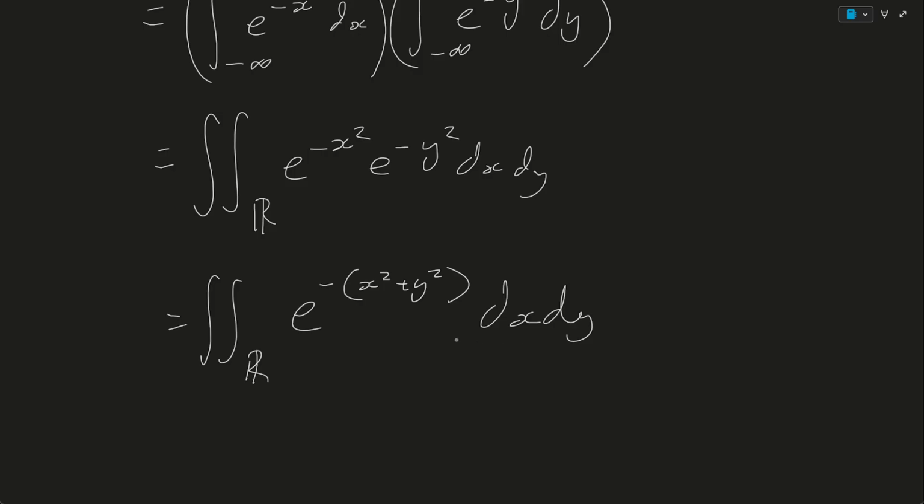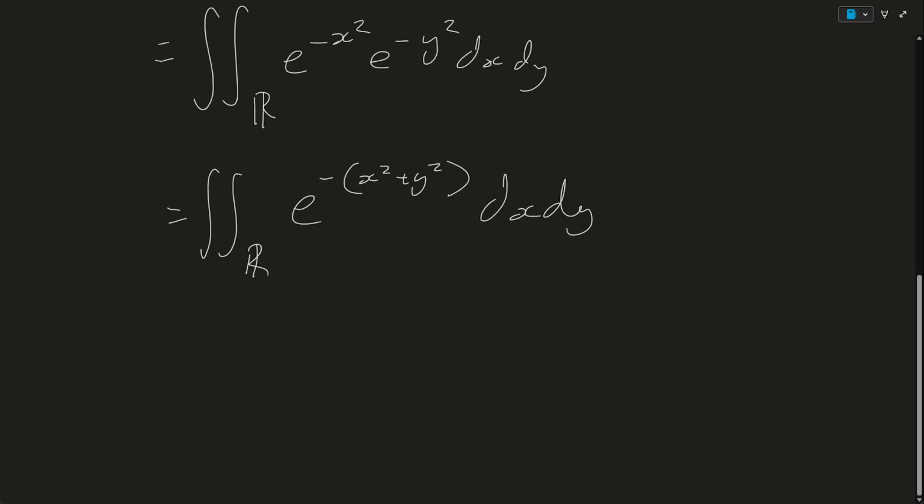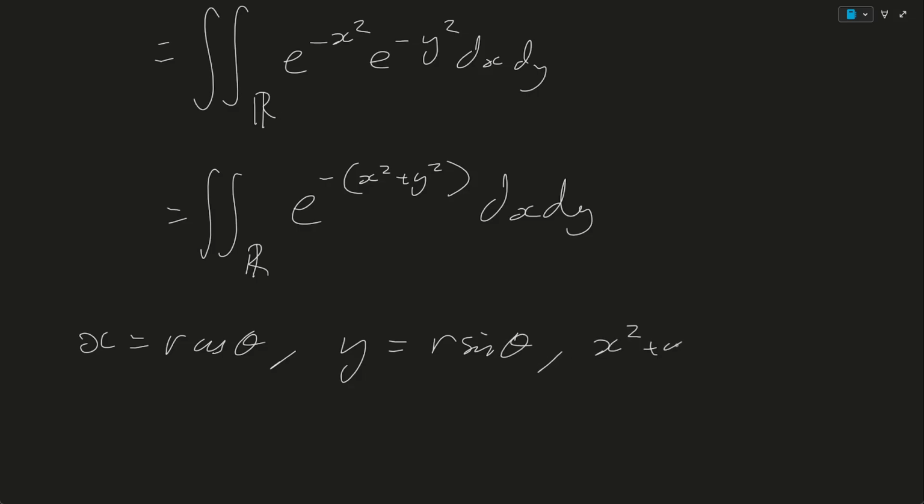Keen viewers may be interested in something we have up here, which is x squared plus y squared. And I'm sure you're aware of the identities of polar coordinates, those being that if we take x to equal r cos theta and y to equal r sine theta, then x squared plus y squared is equal to r squared times cos squared theta plus sine squared theta.